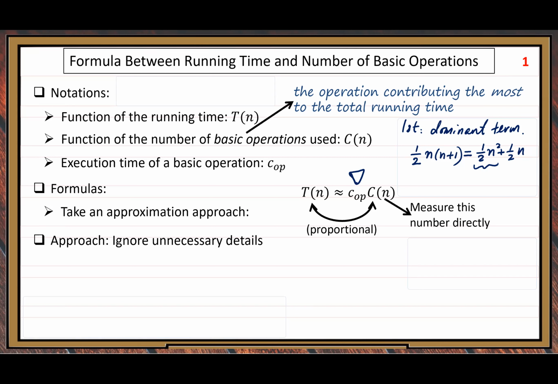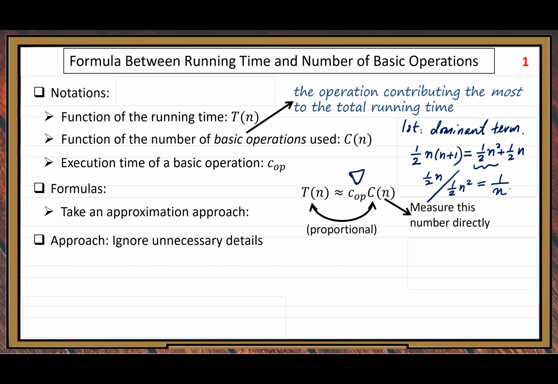Now, in order to do comparison, because we drop the second term, we want to see how much we throw away. Let's use the second term over the first term and look at the ratio. It's 1 over n.